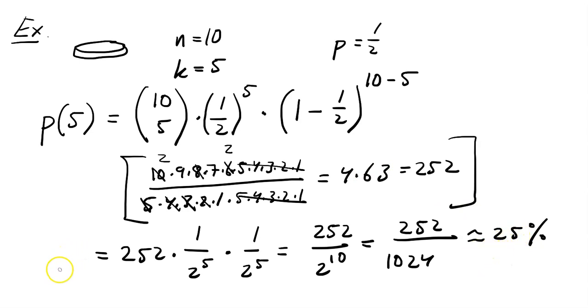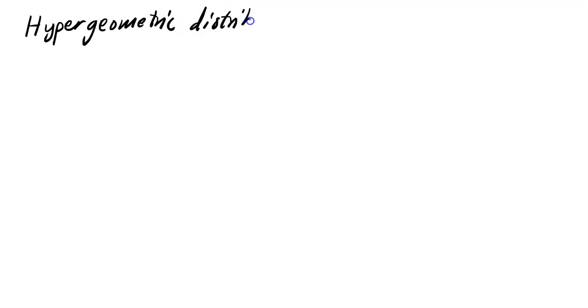The next example we want to look at also has a name that sounds more difficult than what it is, and it's called hypergeometric distribution. And that's a complicated name for something that's not so complicated, and actually is useful.